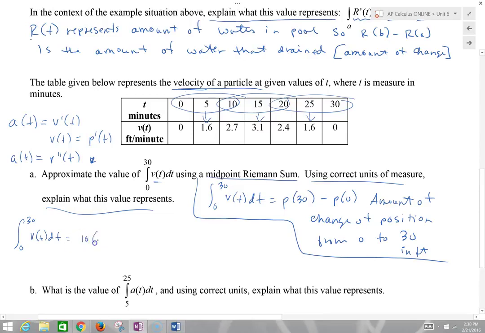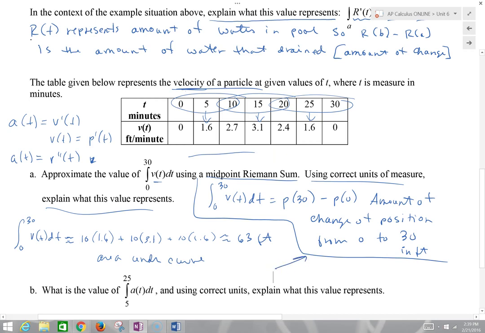So 10 times the height, 1.6, plus 10 times the height, that 3.1, plus 10 times the height, that 1.6. And doing the arithmetic, we've approximated this to be about 63 feet. So we see it's the area under the curve here. That's how we calculated it, given the numbers in our table. And this is what it's representing.